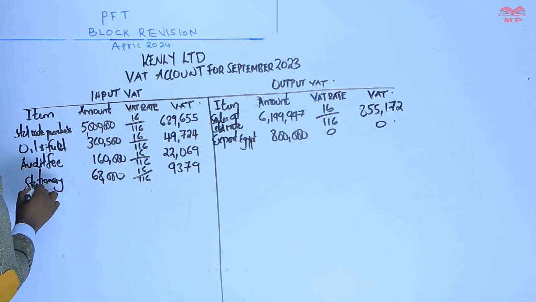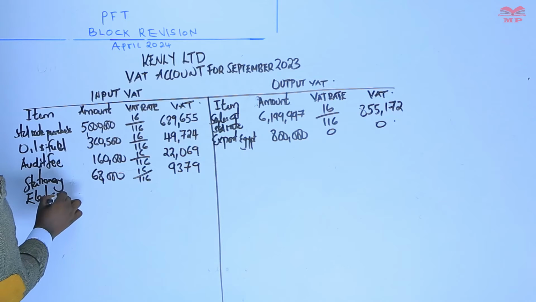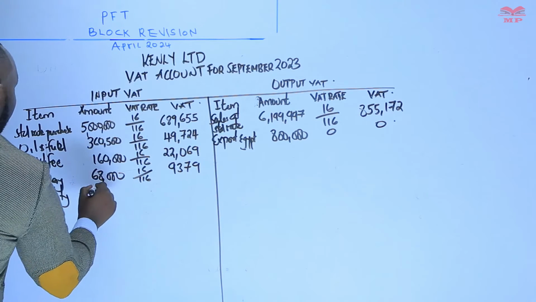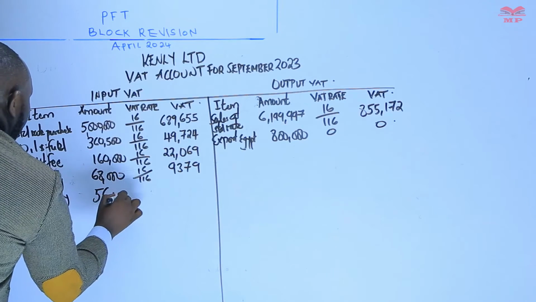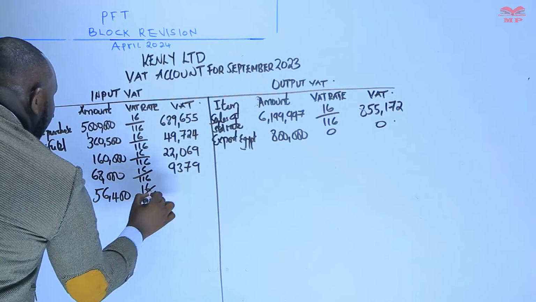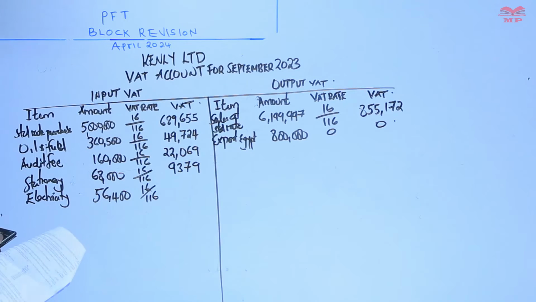The next is electricity. For the electricity, we have 56,400 times 16 over 116. Even on credit, we charge VAT.